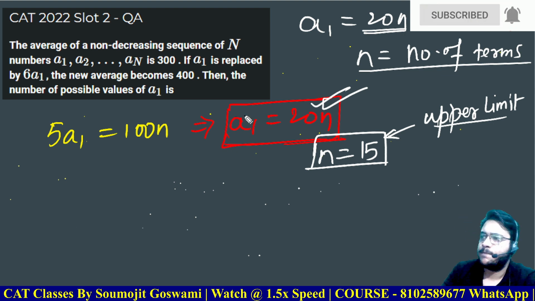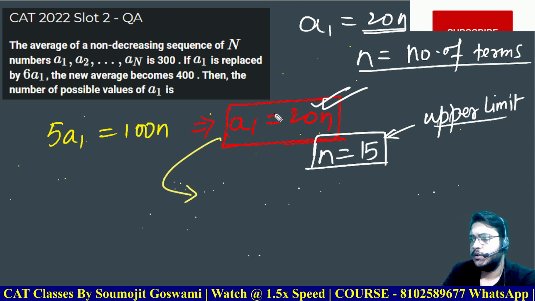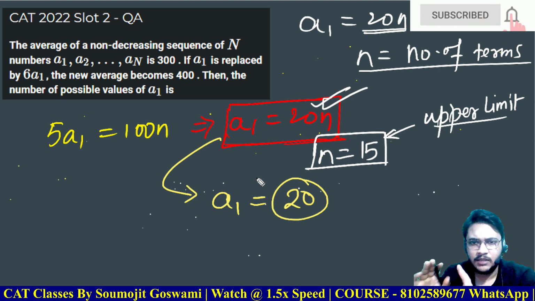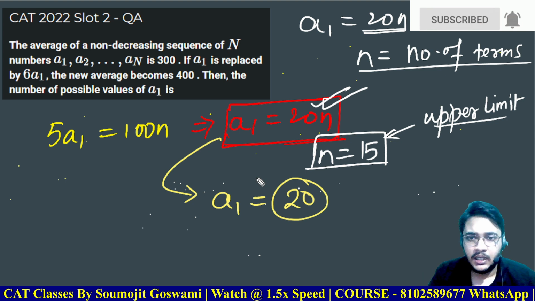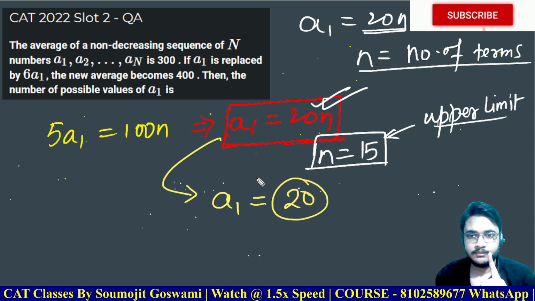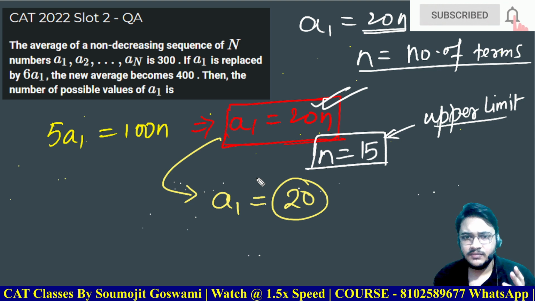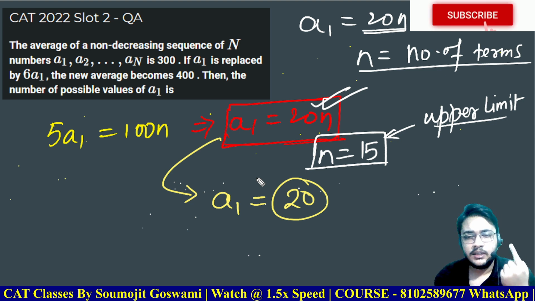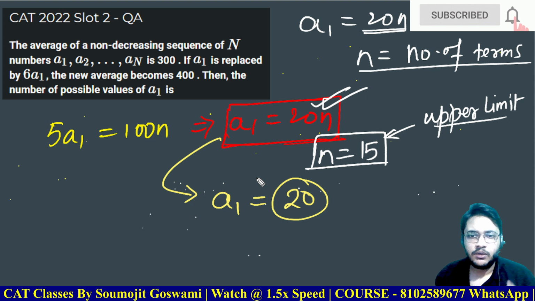Okay, so this one I'm substituting for n equals 1 term. If n equals 1, the first term is 20. Now think about it, if there is only one term, that is 20, how can the average be 300? There is only one term, the average will be 20 only.